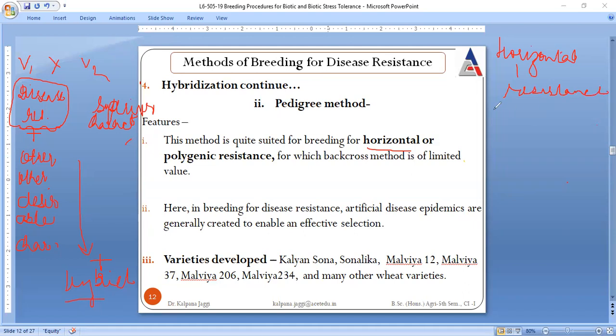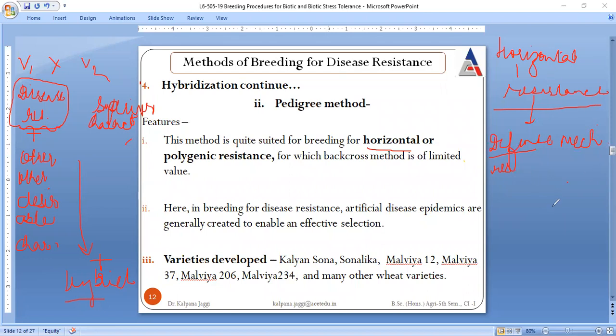This I told you in the very beginning. Resistance is a defense mechanism. Here plants have a defense mechanism, and defense or resistance is one and the same thing, right?